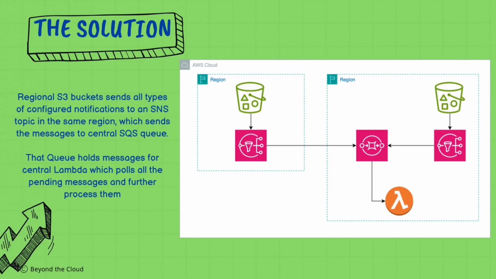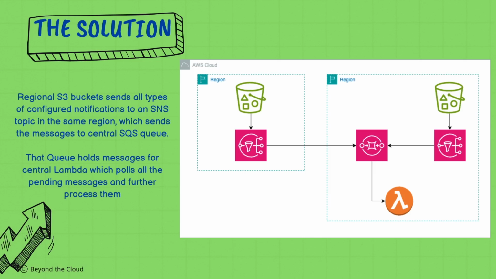For one regional bucket this is possible, because my Lambda stays in the same region as my bucket, so I can send the notification directly to the Lambda. But for another region, we cannot send the notification directly to a Lambda in a different region. So what should we do? We will collect the S3 bucket notification, instead of going directly into the Lambda, into an SNS topic.